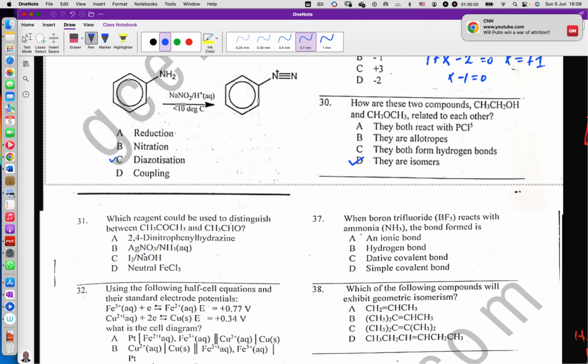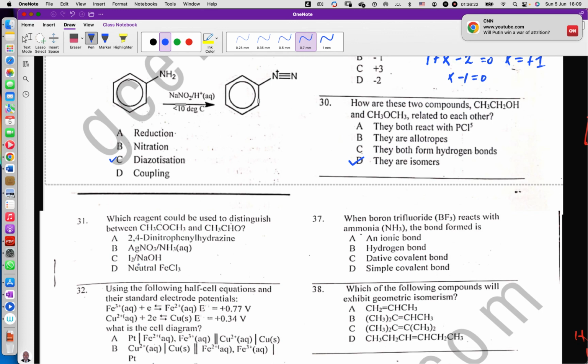We cannot use alkaline aqueous iodine because a yellow precipitate will be formed in ethanal, and a yellow precipitate will also be formed in the other one too.